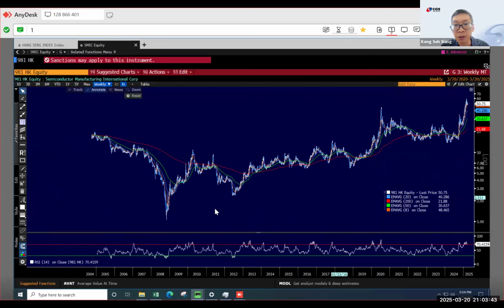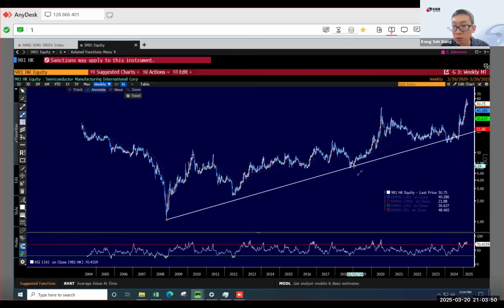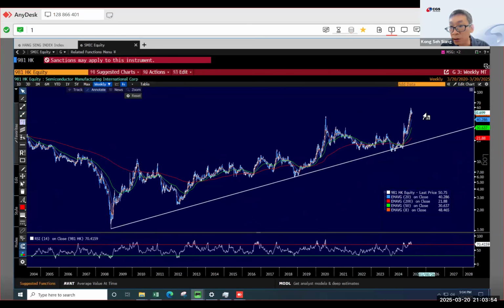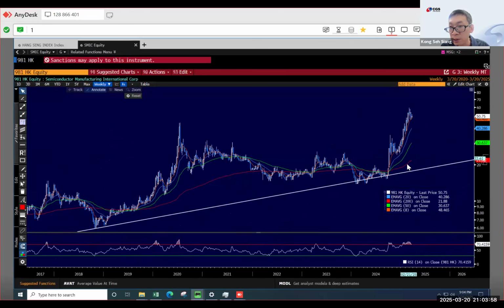A very clear uptrend. I think even without knowing how to read the chart, you can clearly see it's a very nice uptrend. But short term also could see some sort of a pullback.